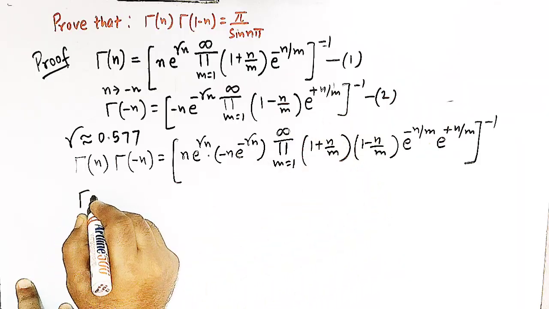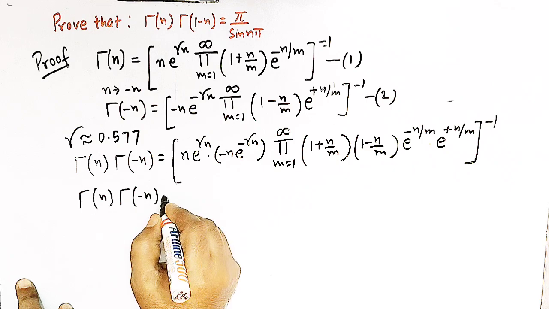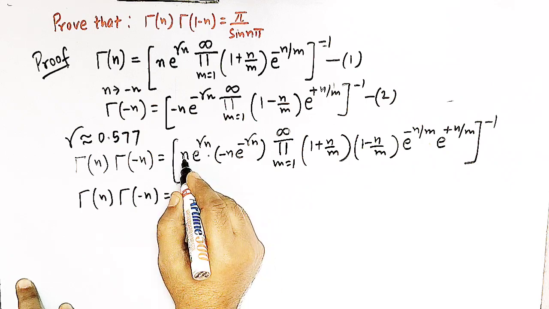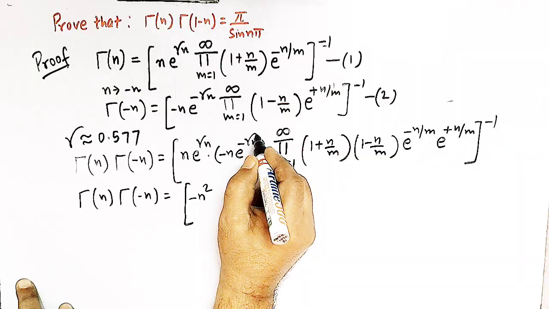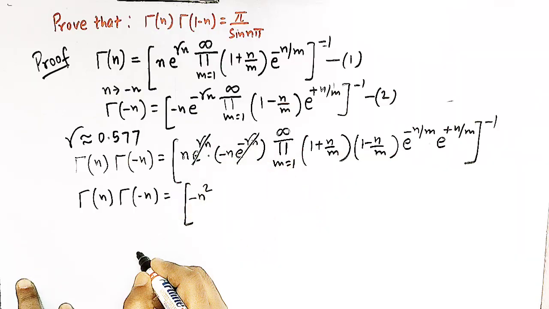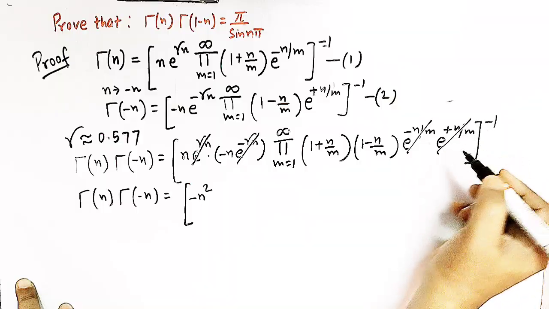So now we have Γ(n) Γ(−n), and here we have minus n square, and these two terms get cancelled, and similarly these two terms get cancelled.